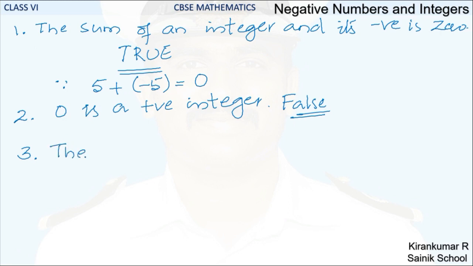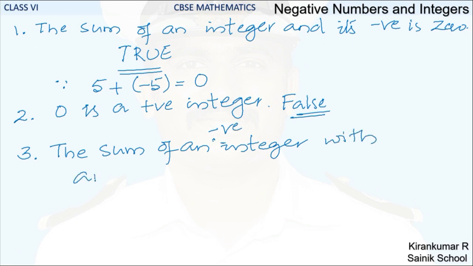Third statement, the sum of a negative integer with another negative integer is a positive integer.